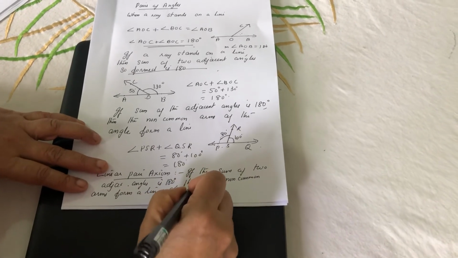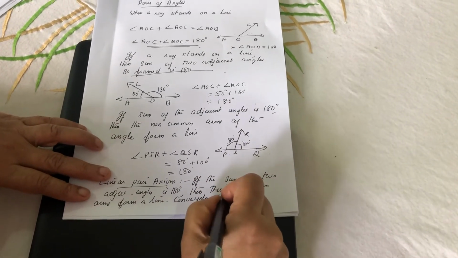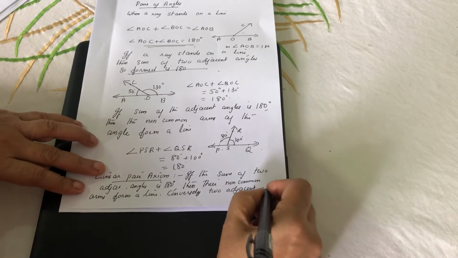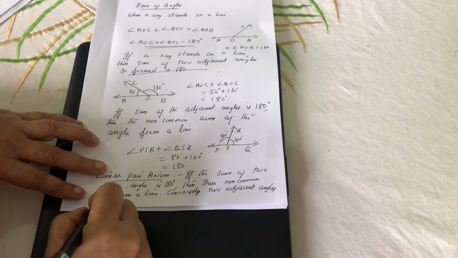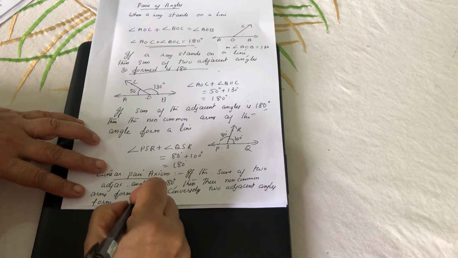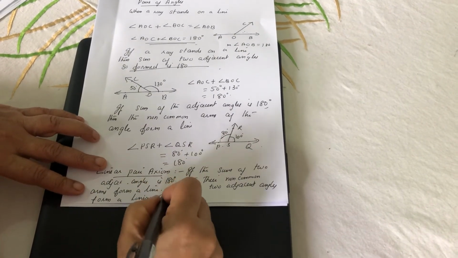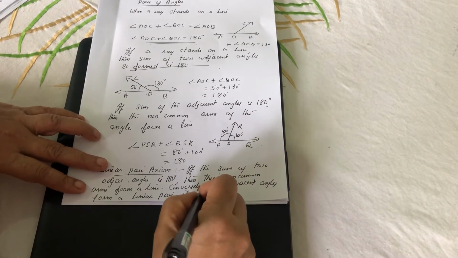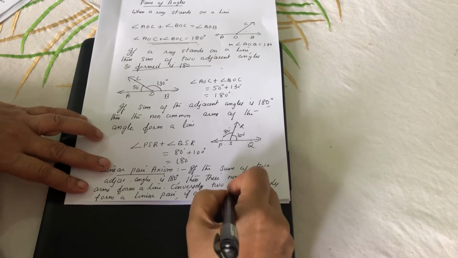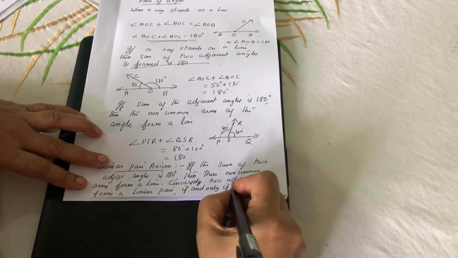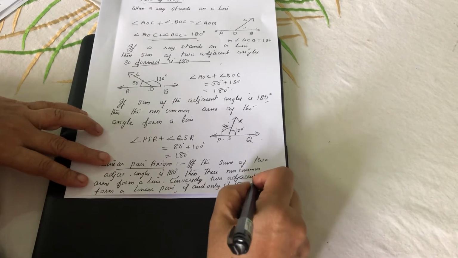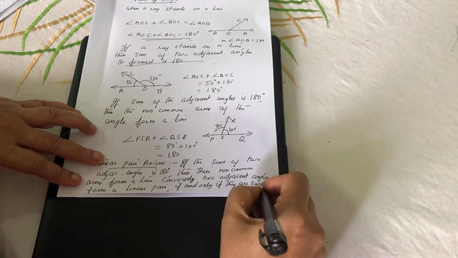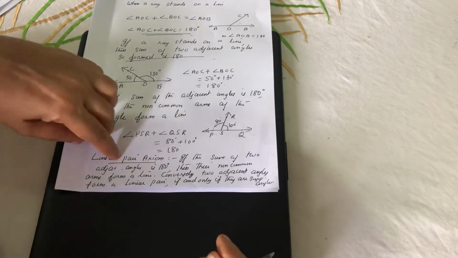Conversely, two adjacent angles form a linear pair if and only if they are supplementary angles. This is the linear pair axiom.